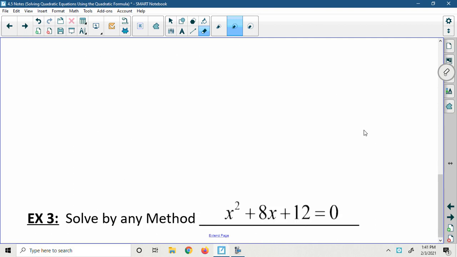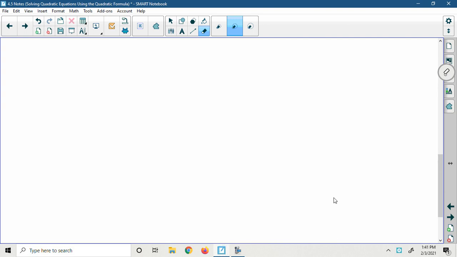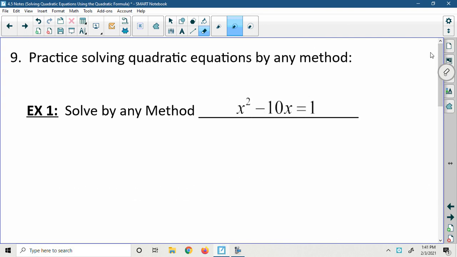And example 3, x squared plus 8x plus 12 equals 0. What we did in class is I had them work for like 5 or 6 minutes, and they tried to solve all 3 of those using their game plan, whatever method you want. So why don't you pause the video, try and solve all 3 of those by any method, your choice.